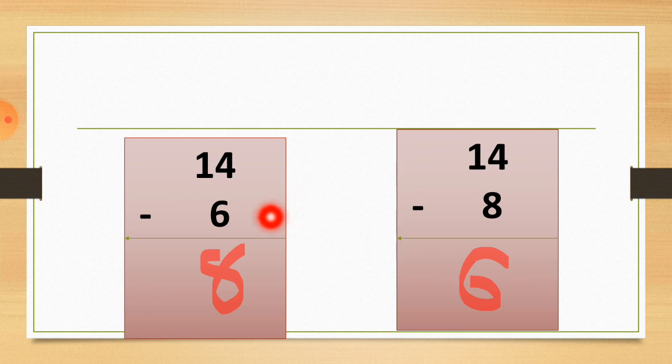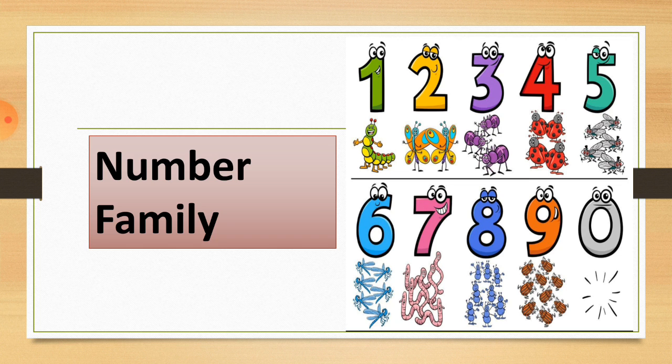Here you can see 14, 6 and 8, together also, and in the next sum 14, 6 and 8. The order may change, but the three numbers will stay together. It's called a number family. First we see addition and subtraction connecting, then it's called a number family.